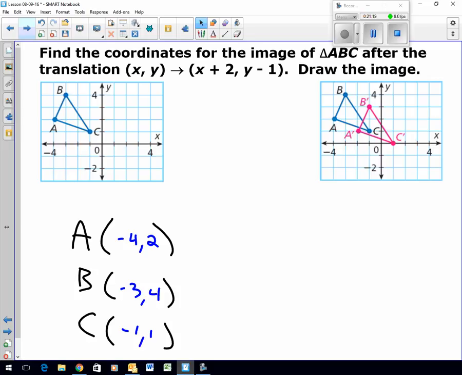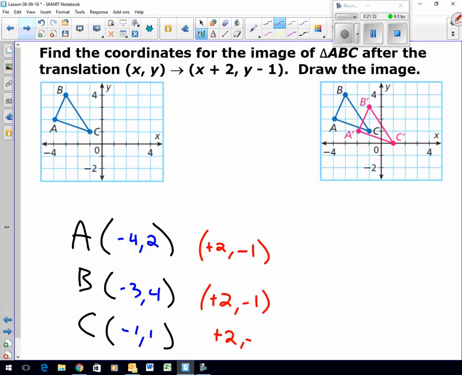Then I take each of those particular coordinate points. I'll add 2 to the x's, subtract 1 from the y's. Add 2, subtract 1. Add 2, subtract 1. This is the transformation that is going to take place.